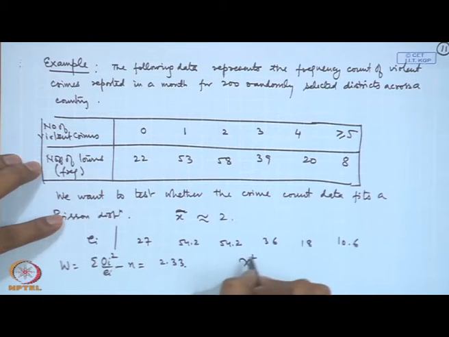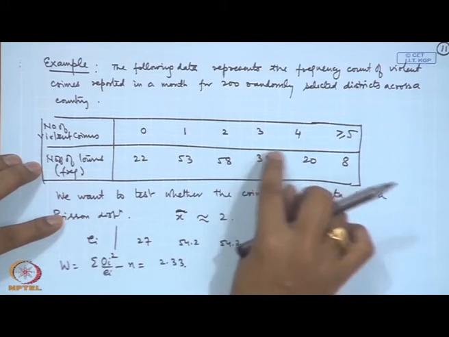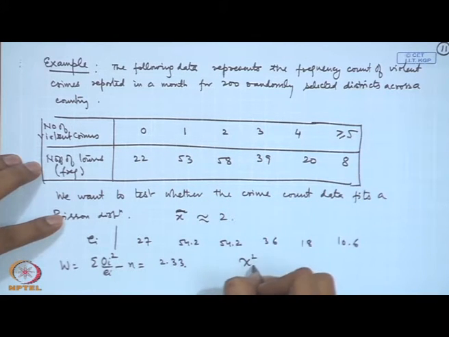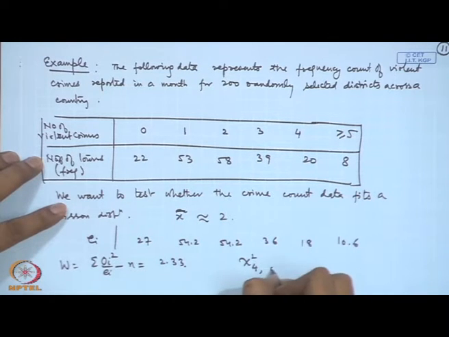If we look at the chi-square value, since there are 1, 2, 3, 4, 5, 6 groups, the degrees of freedom will be 6 minus 1 minus 1, and let us take say the 5% level, then it turns out to be 9.49.